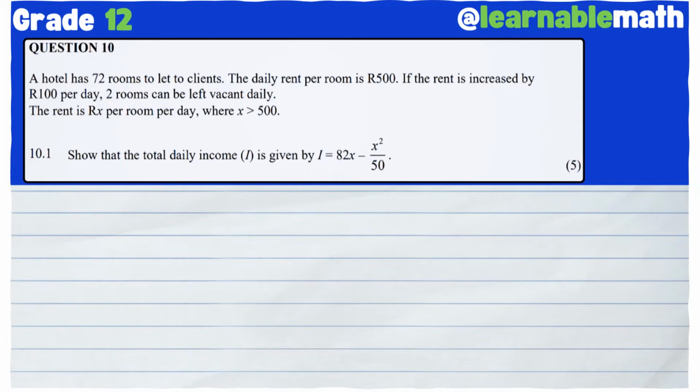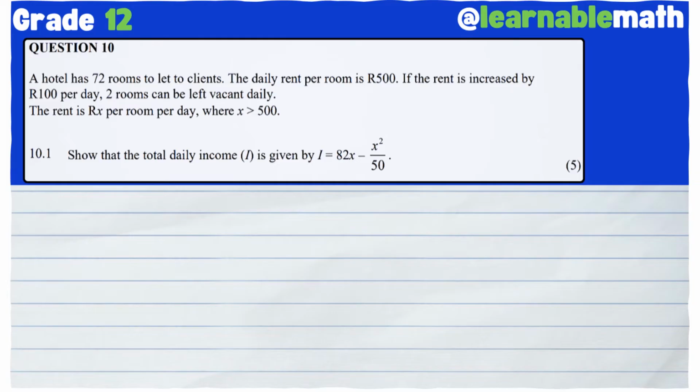If the rent is increased by 100 rand per day, 2 rooms can be left vacant daily. So it's very important to highlight that. So the rent is x rand per room per day, where x is greater than 500.